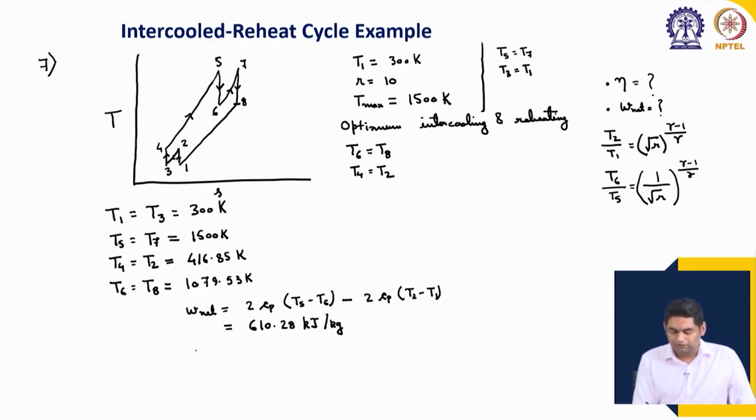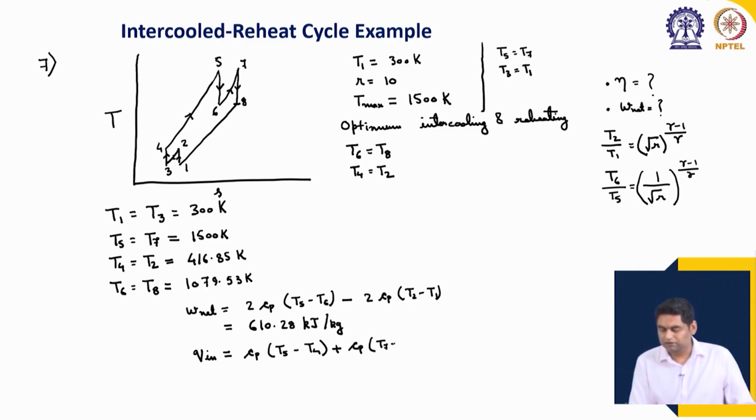Okay. What about the efficiency? For this we need the heat addition. So, heat addition is equal to Cp (T5 minus T4), whose values we already know, plus Cp (T7 minus T8). Okay.